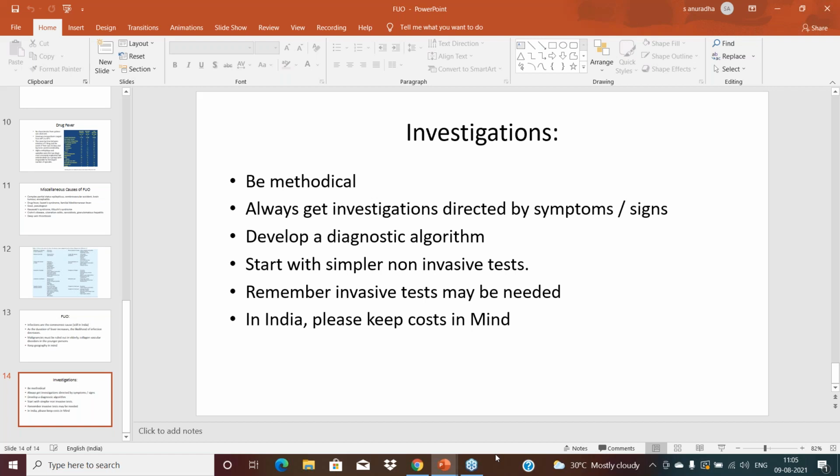However, what I would like to do now is invite my three friends who volunteered to be part of today's program. These girls are going to present a case, and then after they present the case, they will present their differential diagnosis.